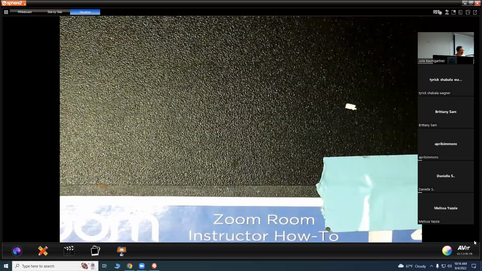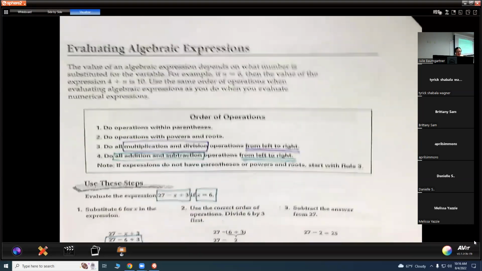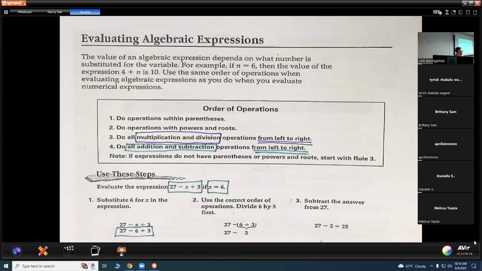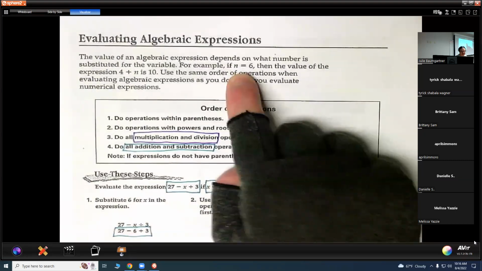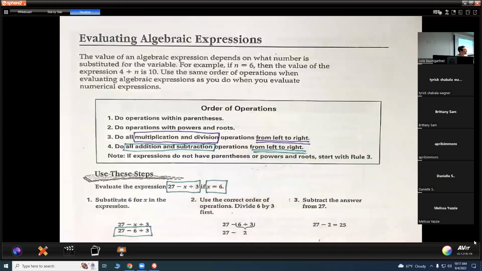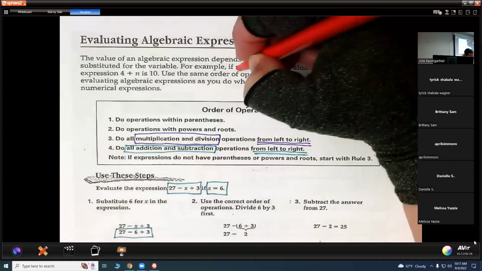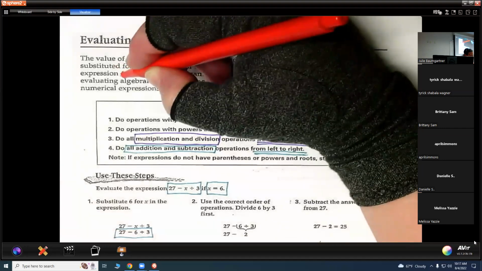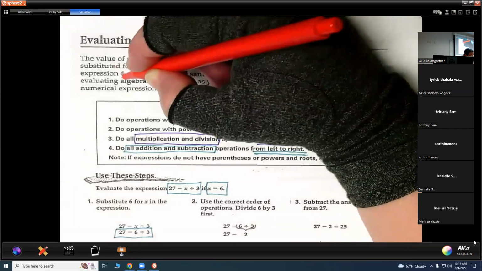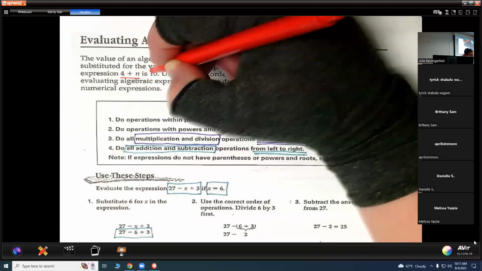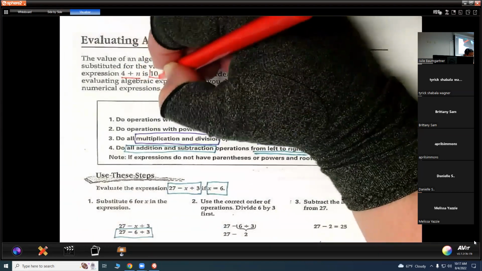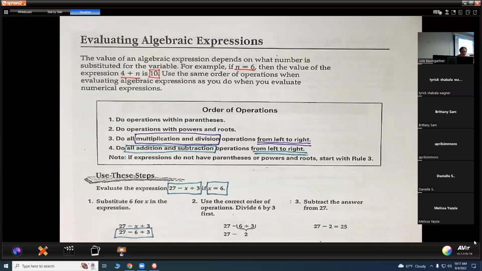Now the next piece to this is what we call evaluating algebraic expressions. So now they're going to give us a value for our variable. They're going to say, if n equals 6, and we have the algebraic expression 4 plus n, if n is 6, then 10 is our answer, okay?